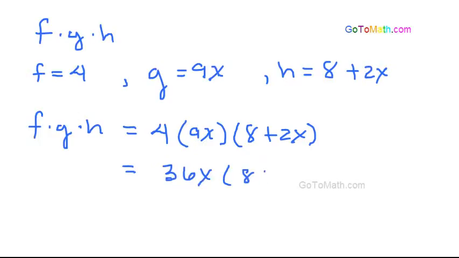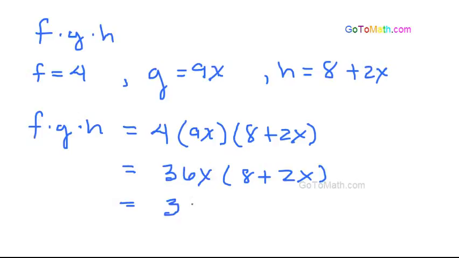We'll rewrite this part here. Alright, and so now we have, distributing that 36x across, we're going to have 36 times 8.